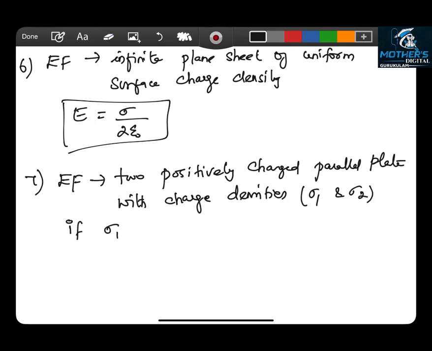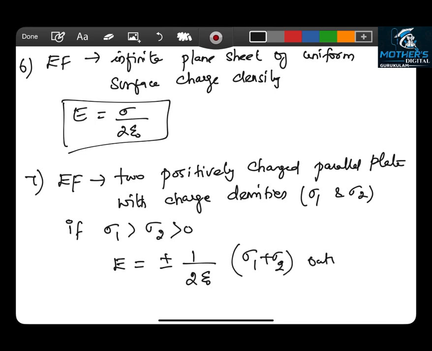If sigma 1 is greater than sigma 2 is greater than 0, both the plates are positive plates. So E can be written as plus or minus 1 by 2 epsilon naught into sigma 1 plus sigma 2. This is outside the plates. E can be written as 1 by 2 epsilon naught into sigma 1 minus sigma 2 inside the plates.